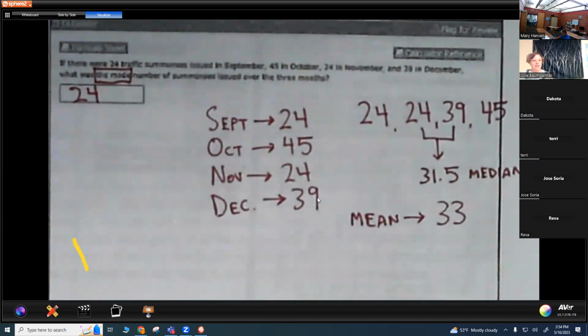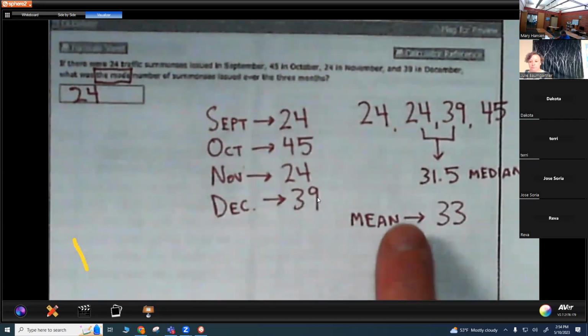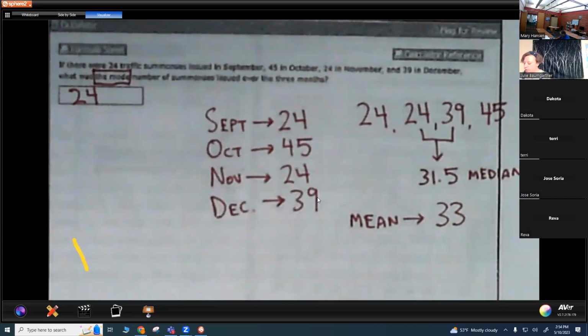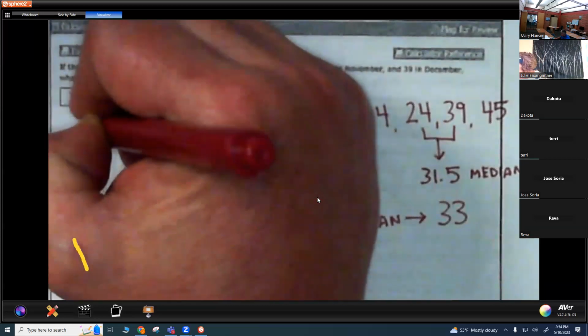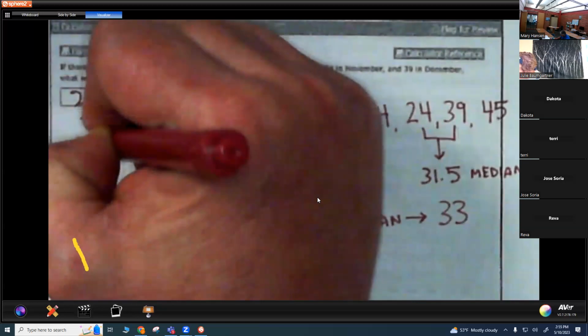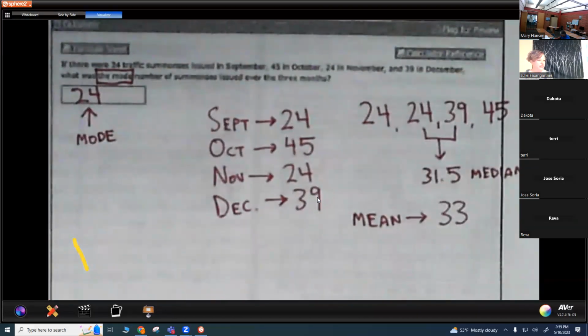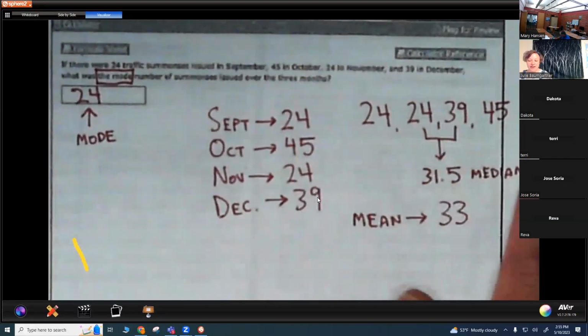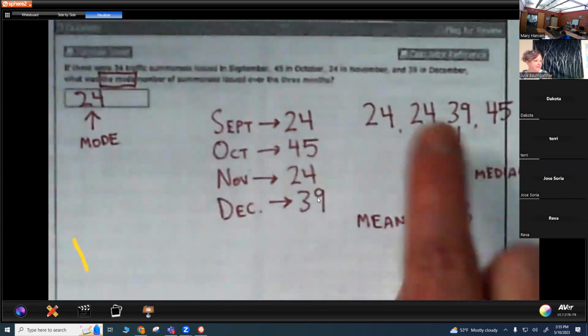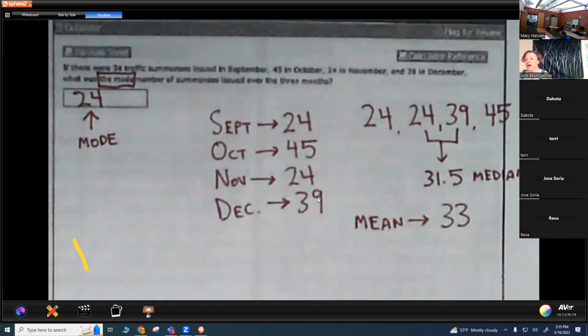Yep. Mean, median, and mode are definitely on the test. And like I said, mode is kind of the easiest if you know what it is. If you have an odd number of data points, median is really easy. Just find that very middle number.